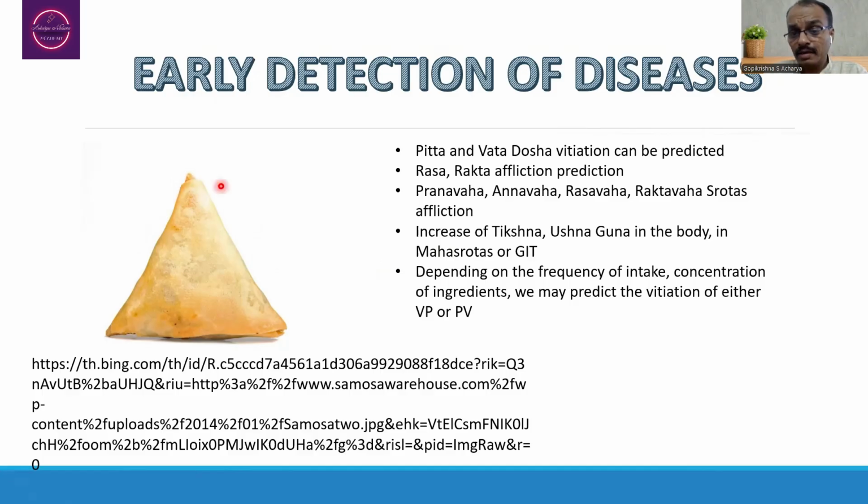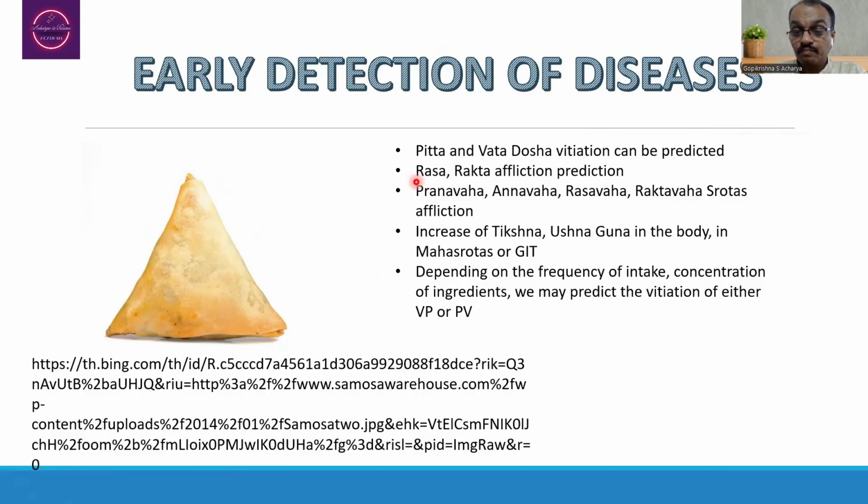Samosa actually has katu rasa, amla, and lavana rasa. There may be a possibility of pitta dosha vitiation, which will be followed by vata dosha vitiation. As such, rasa and rakta affliction may be predicted.